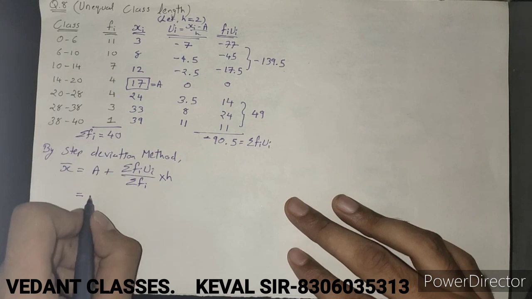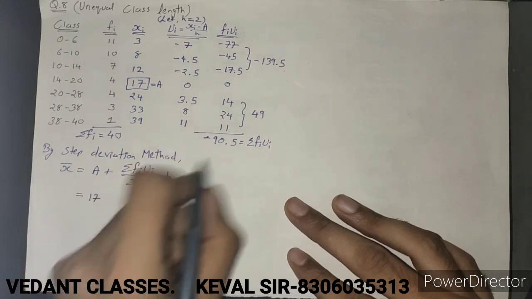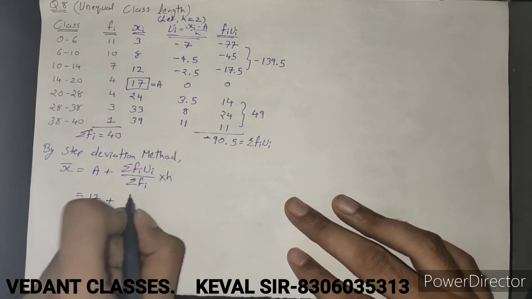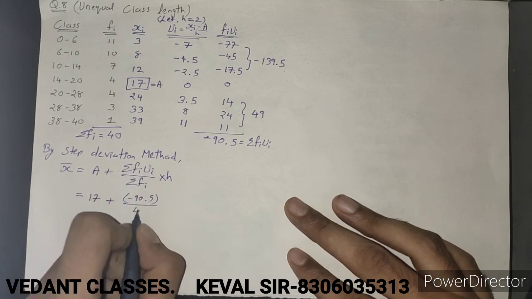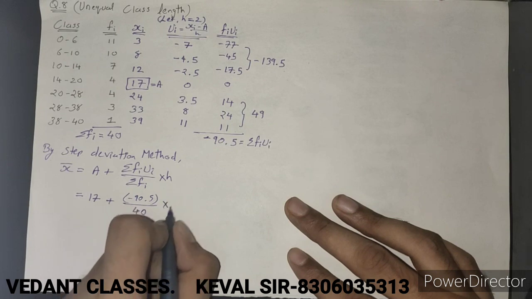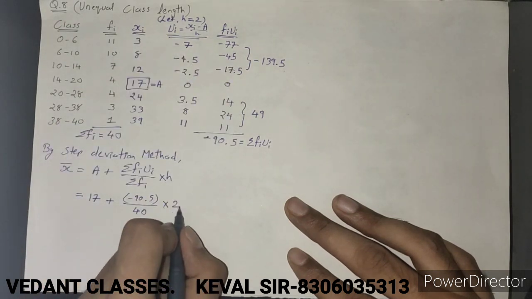So here the value of a is 17, the value of sigma fi ui is minus 90.5, the value of sigma fi is 40, and here we let the value of h as 2.